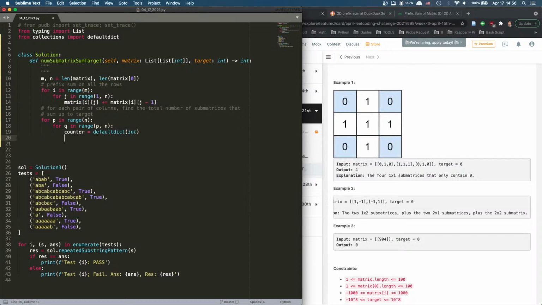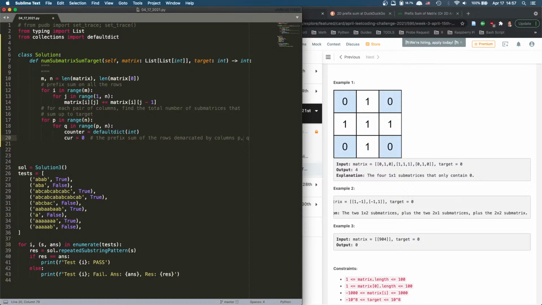Everything starts with 0, and then what we do is initialize a current value. So the current value equals 0. So this is the prefix sum of the rows demarcated by columns P, Q, right?